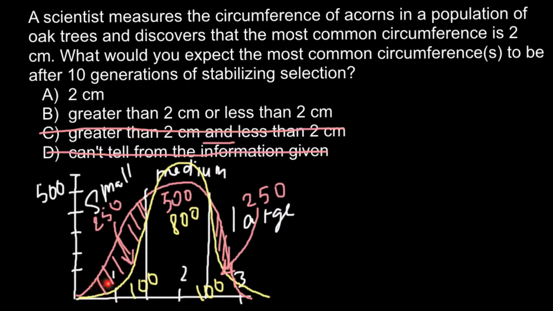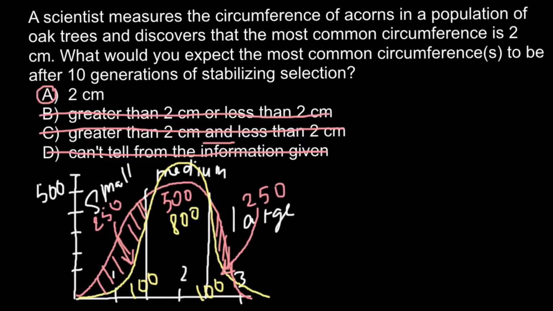So the wave would look like this, where the number of large acorns would increase and the number of medium and small would decrease. So this is also an incorrect answer, and the correct answer is A.